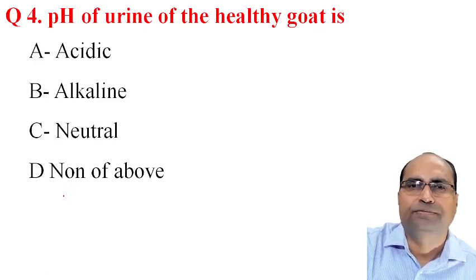Question number 4. pH of urine of a healthy goat is: option A, acidic; option B, alkaline; option C, neutral; option D, none of the above.